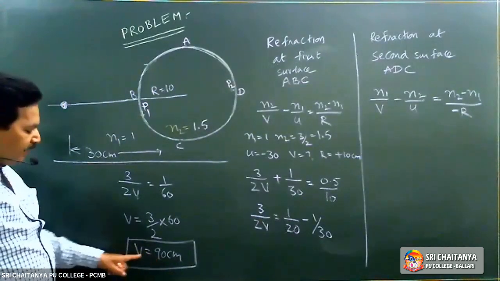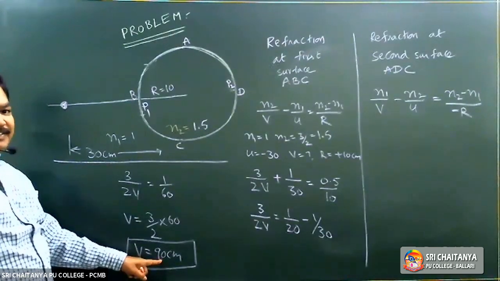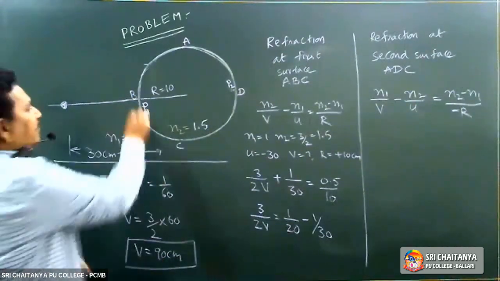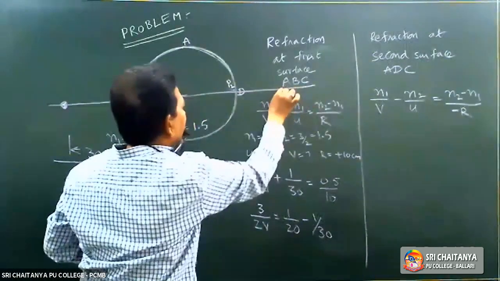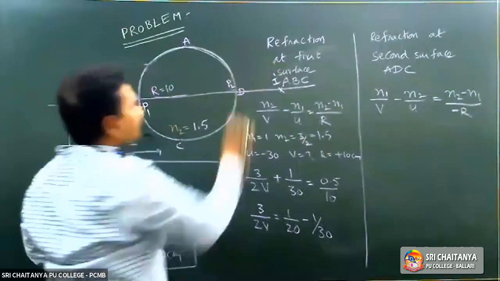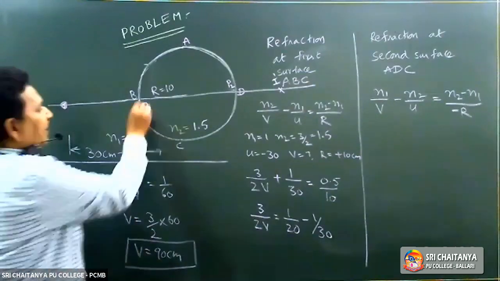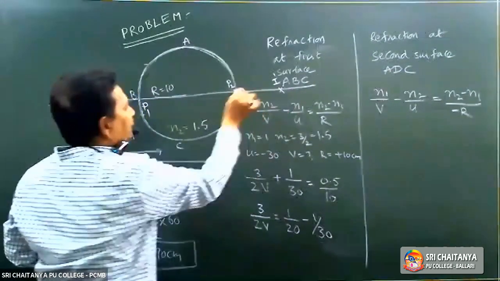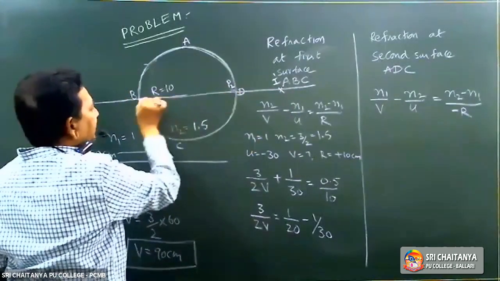From the first surface, it is at what distance? 90, from the first surface. Imagine I dash here. So from here to here 90. From here to here how much? 90 minus 20. Here to here 20.